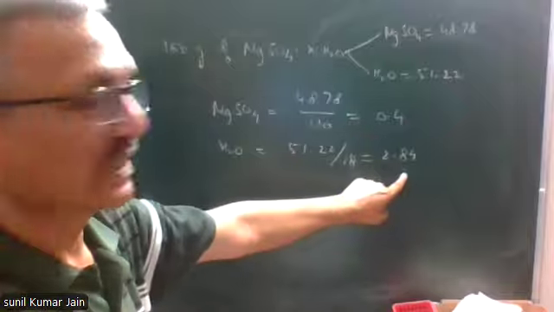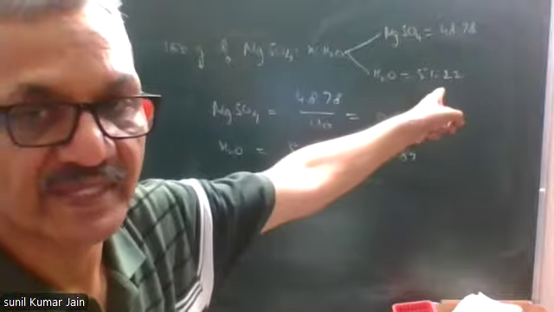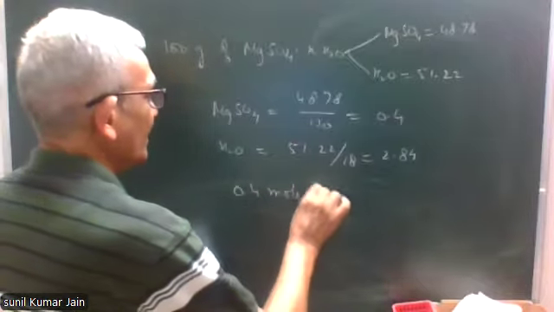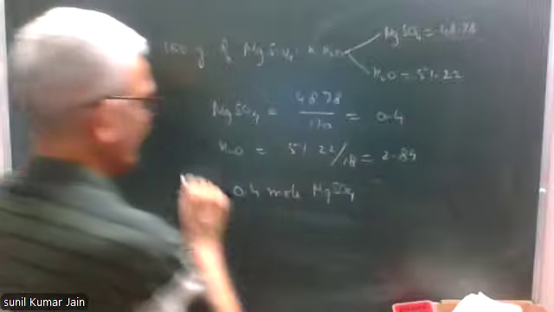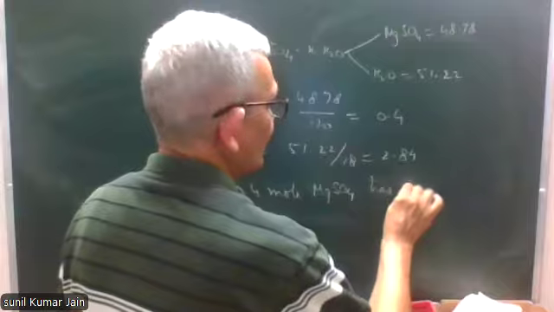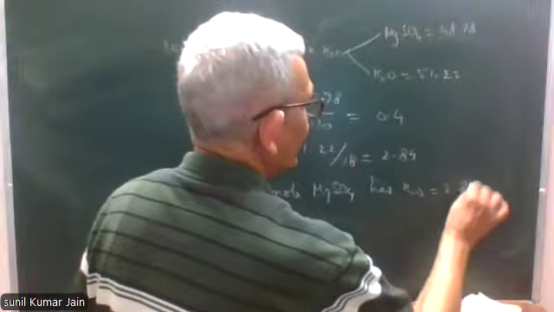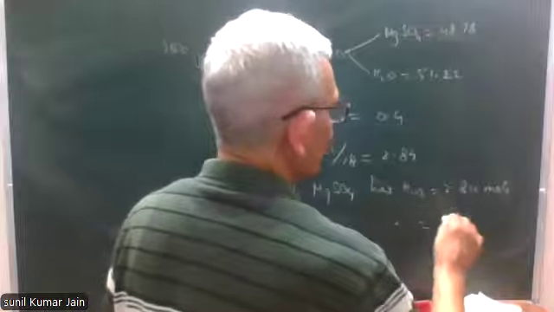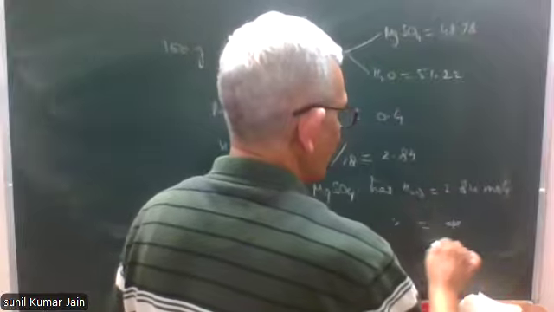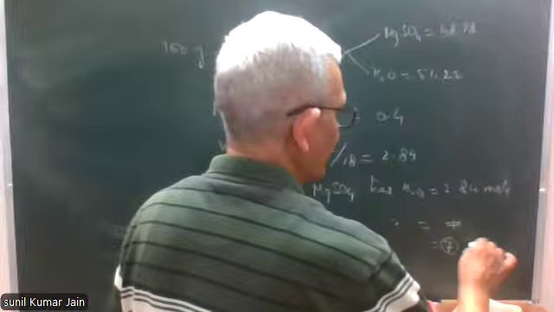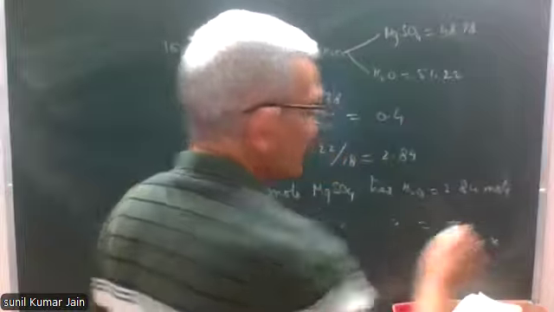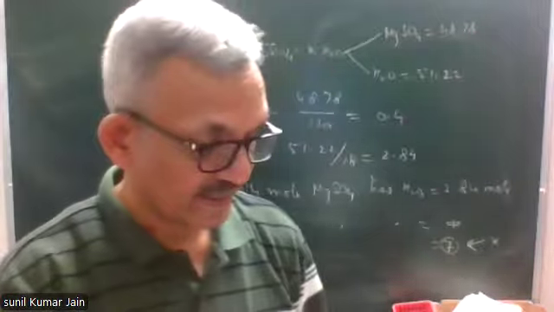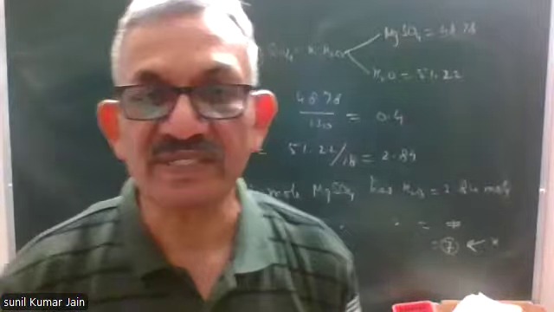So one will combine with how much? That will be the value of X. So 0.4 mole MgSO4 has water equal to 2.84 mole. 1 mole has how much? Calculate. This will come out to 7. It means the value of X is 7. Formula is MgSO4·7H2O. That's all. Remaining questions are ABCD type questions.